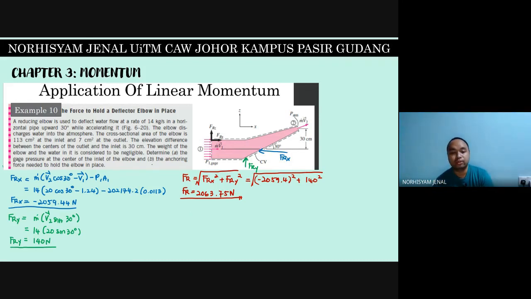Even though they do not ask you what is the number for angle theta, we just find out theta, inverse tan of FRY over FRX. So theta is equal to 3.88 degree.